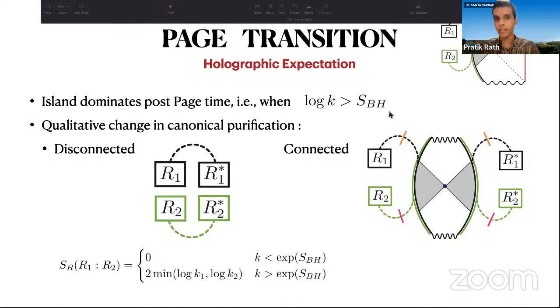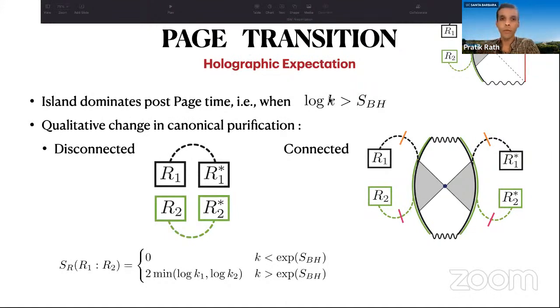And as is familiar from the work that's happened over the last 2 years, there is a geometric description of this, which corresponds to the entanglement wedge including an island. So when we look at the regions R1 and R2, they have an island that consists of the interior of the black hole, which gives you the Page curve.